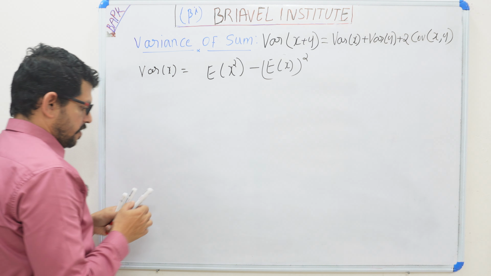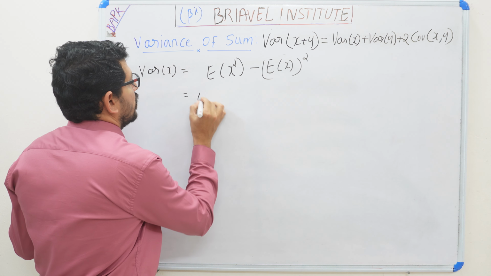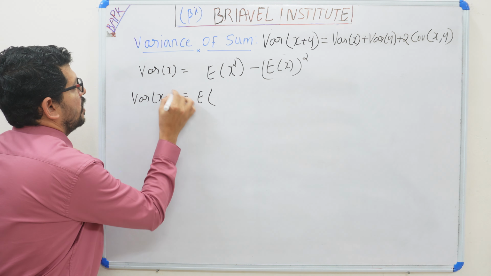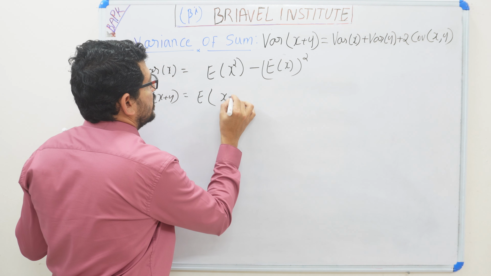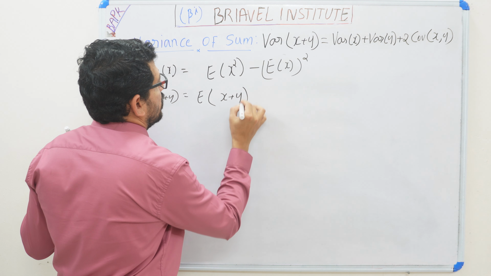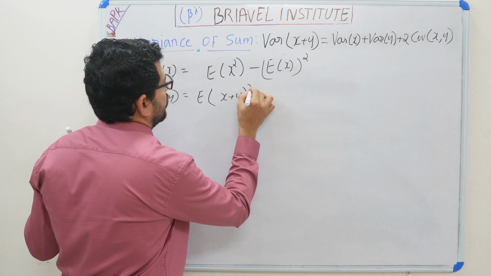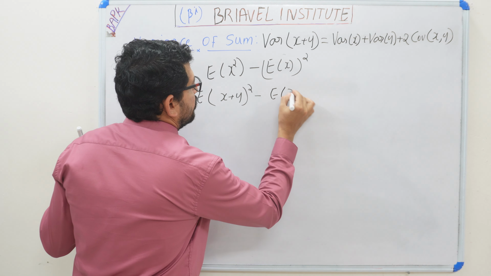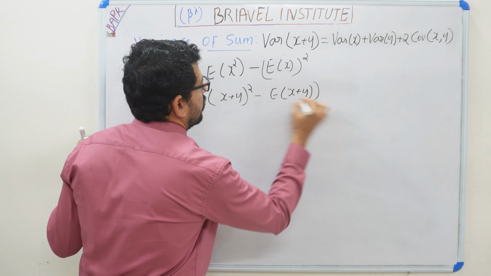This is one formula we studied. Same way we can write here, variance of S plus Y is equal to expectation of S plus Y whole square minus expectation of S plus Y, whole square.